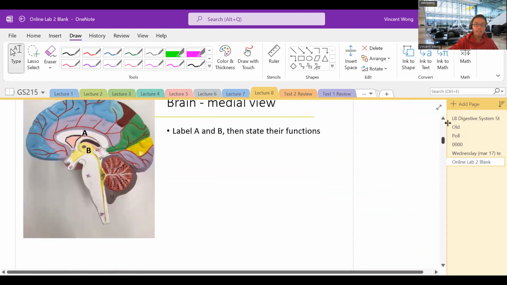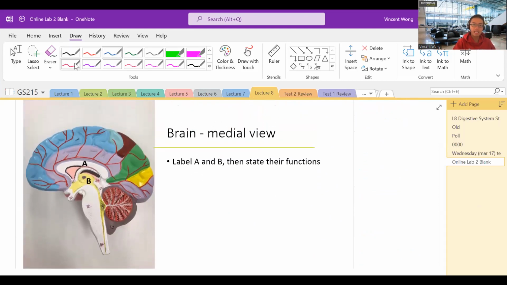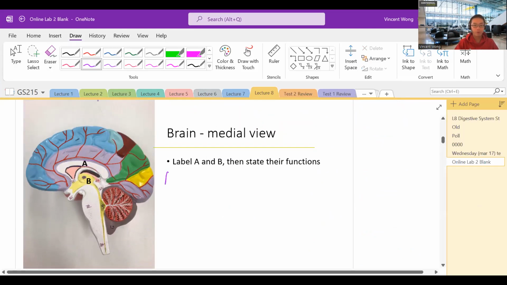Okay, this is a medial view now. You're looking at it from the middle, and anytime you see a brain from the middle, you will have this thing, right? I mentioned this, and that would be the corpus callosum.